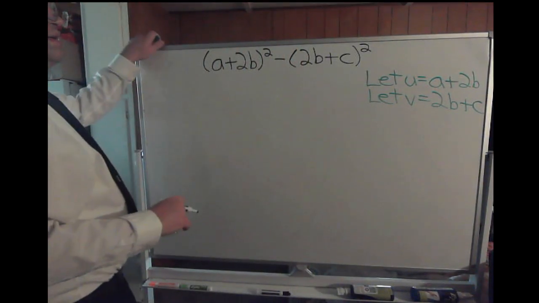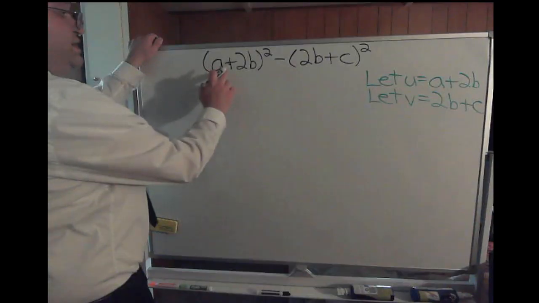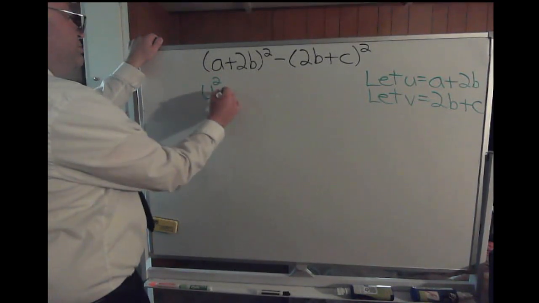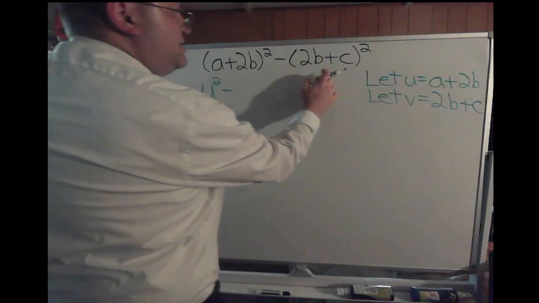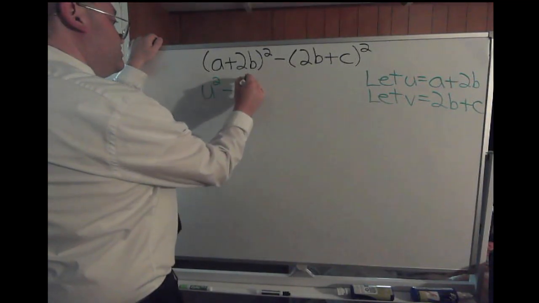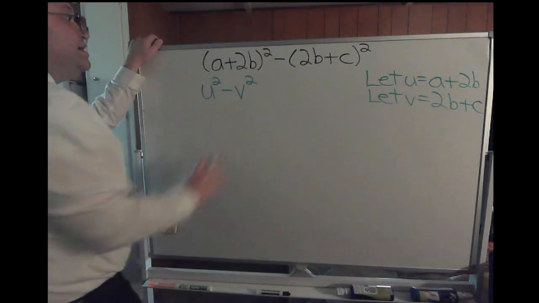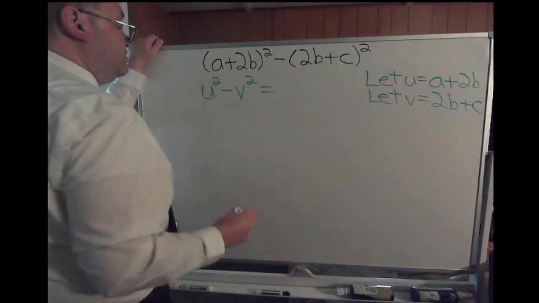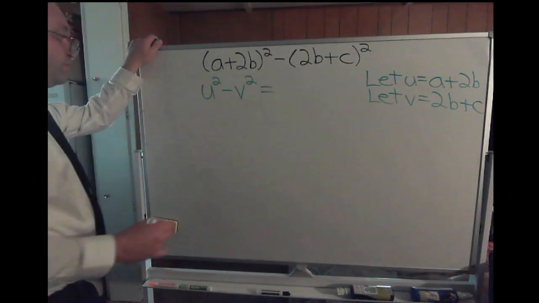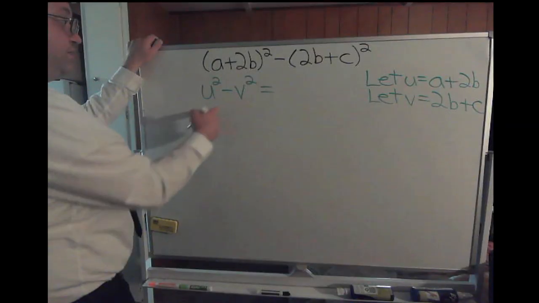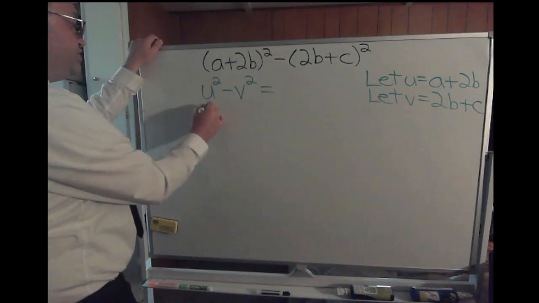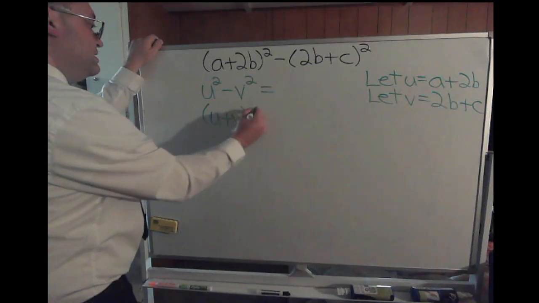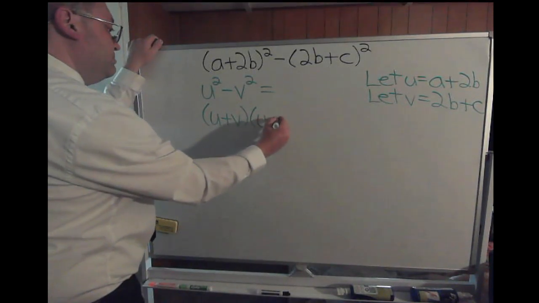Okay? So if you do that, u equals a plus 2b, you'll get u squared minus that 2b plus c, that's v, so you get u squared minus v squared. Much easier to work with. Now, to factor the difference of squares, you of course would take u plus v times the quantity of u minus v.